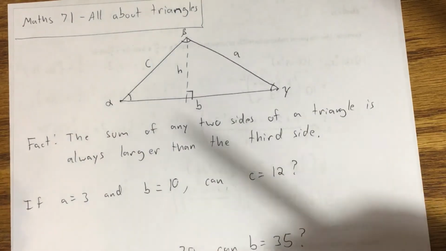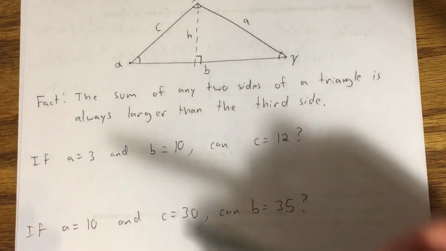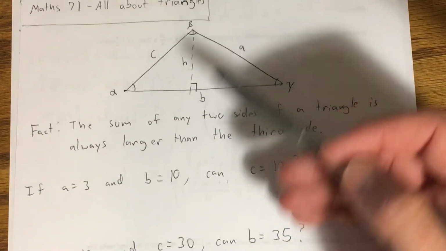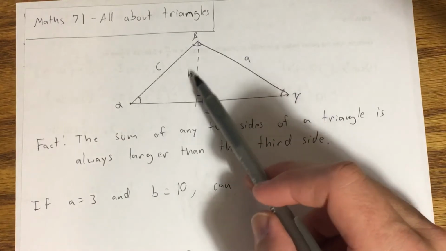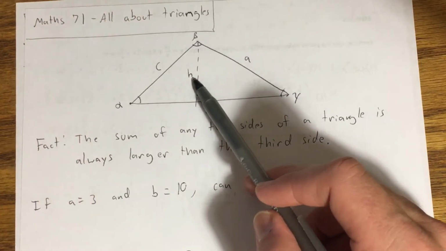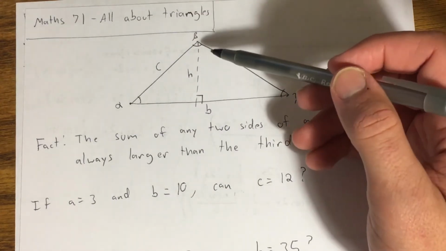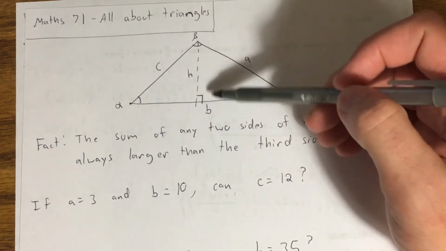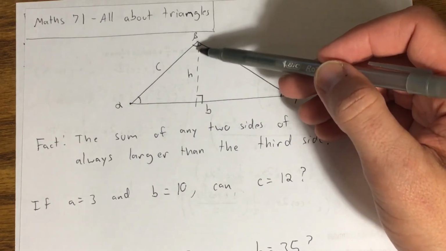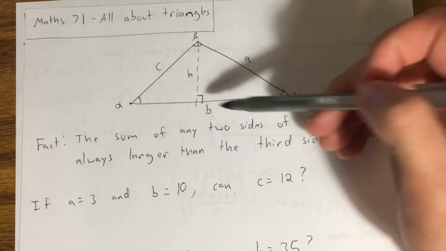You have to remember that convention as we work through all of these problems, because I'm going to be asking a lot of questions referencing this triangle without redrawing it every time. One final thing to mention here, this h right here. H stands for height, but we can also say altitude. That's the more, I guess, technical term for it. This is the altitude of this triangle, which is just the distance from the vertex up here to the opposite base.